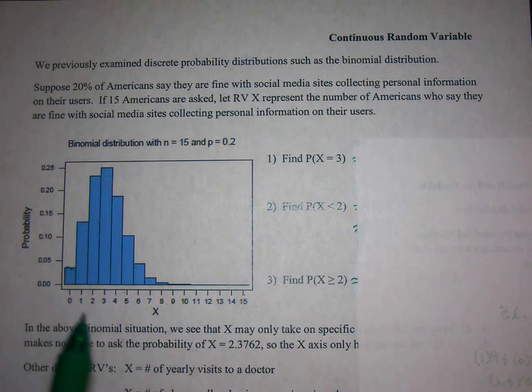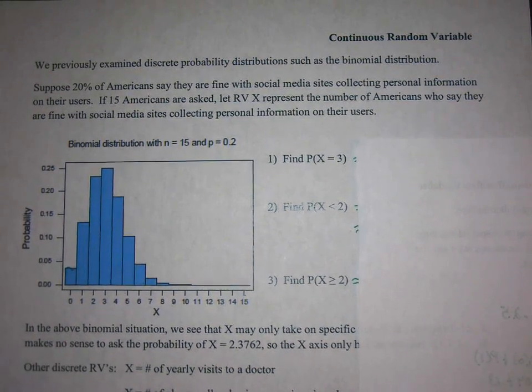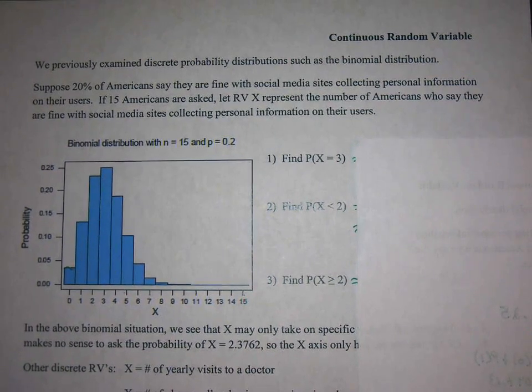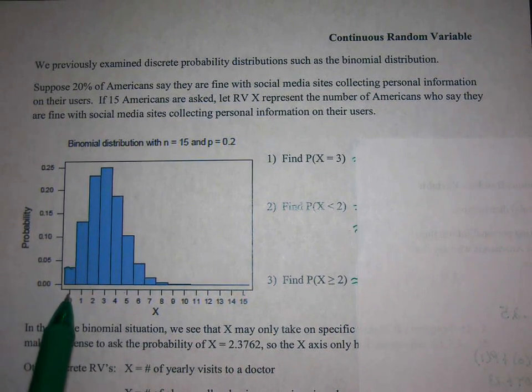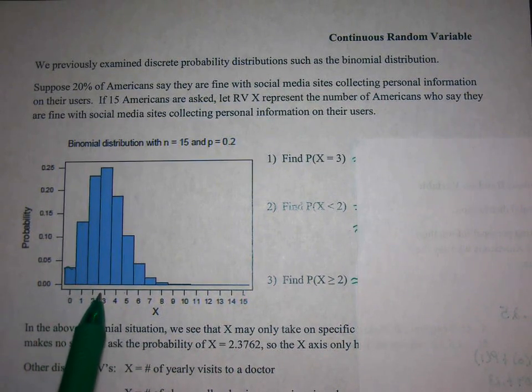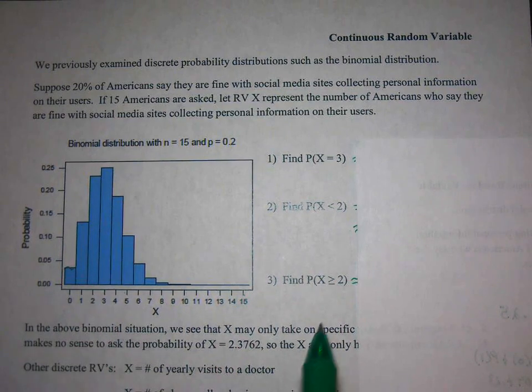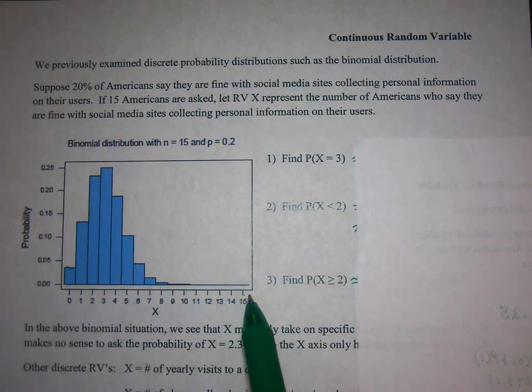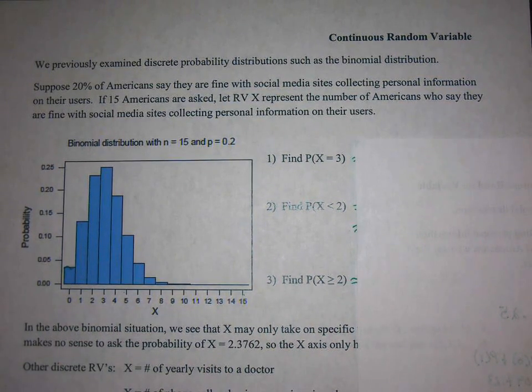If you were to choose 15 Americans, how many of them could say they're fine with the social media site collecting information? 0, or 1, or 2, or 3, or 4, all the way up to 15. We can't have 2.3 people or 7.68 people say they're fine with the social media sites collecting information.